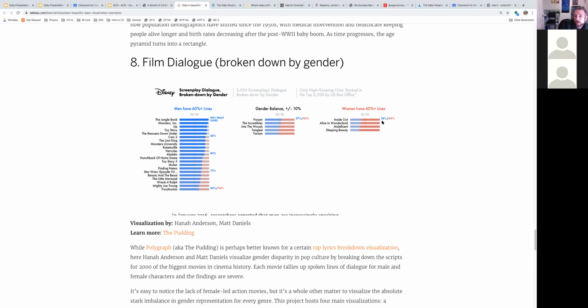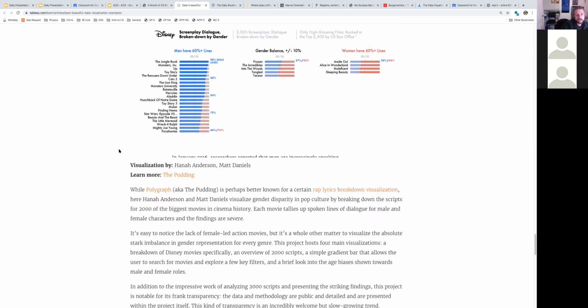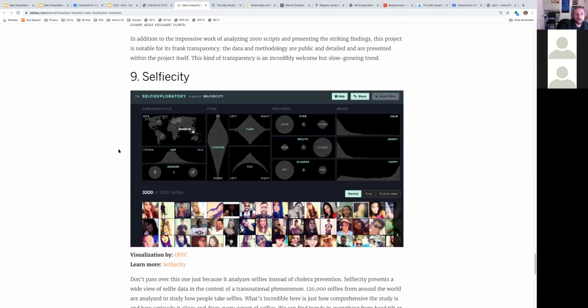Inside Out being a more recent movie where females have more than 60% of the lines, and you would hope so, given that 3 major characters are women. And then we have Alice in Wonderland, Maleficent, Sleeping Beauty, but really, really interesting data being represented there.